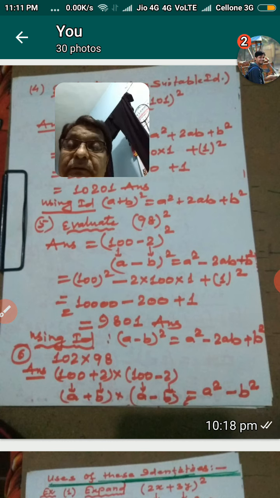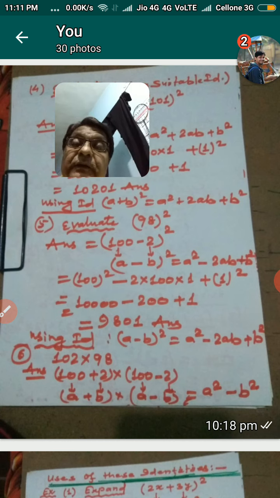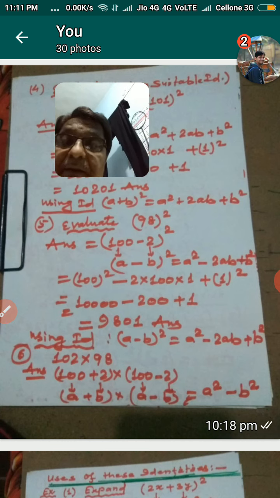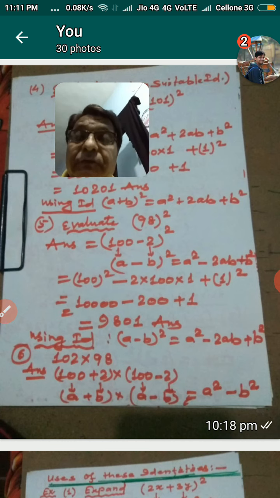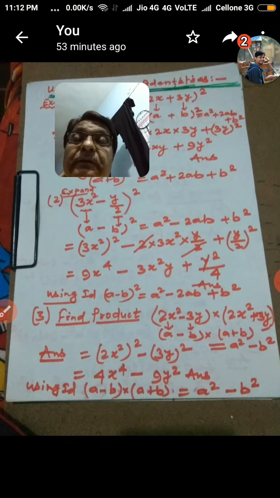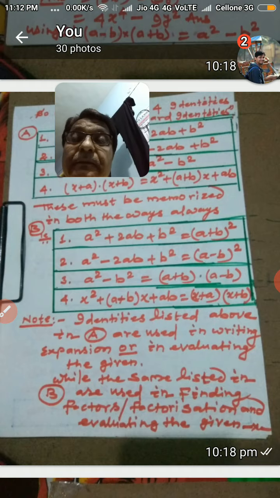Then in the first bracket your form will be a minus b into the second bracket a plus b, or conversely. I have told you the first bracket is actually a plus b into the second bracket a minus b. So make a correction, student. Now the result will be a square minus b square.